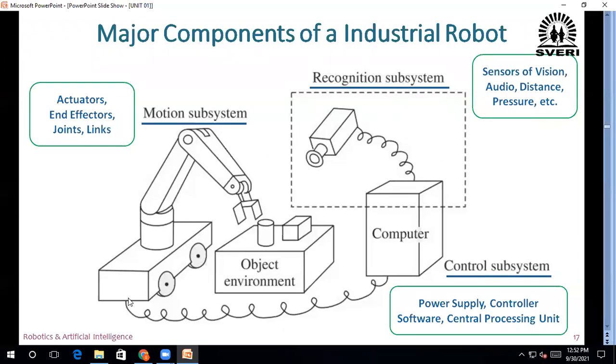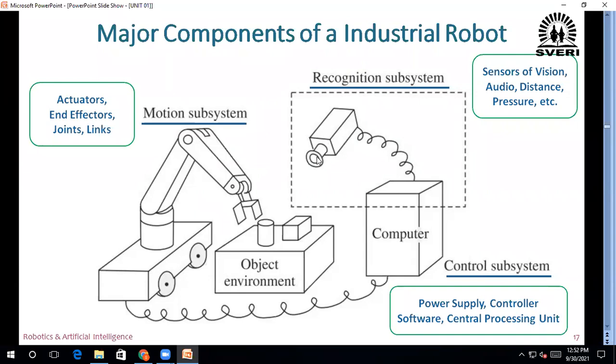Here you are observing that this is the wheeled robot, because wheels are there. It is mounted on the base. At the end of this robot arm, this is known as gripper or end effector, similar to our fingers. We know our fingers are used to catch or to grab anything. This is the arm of the robot.